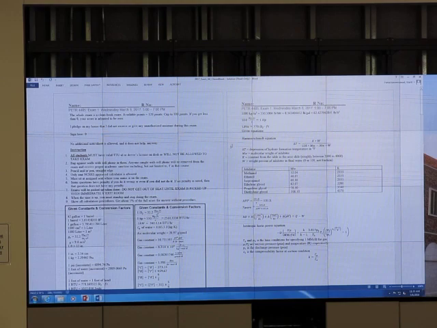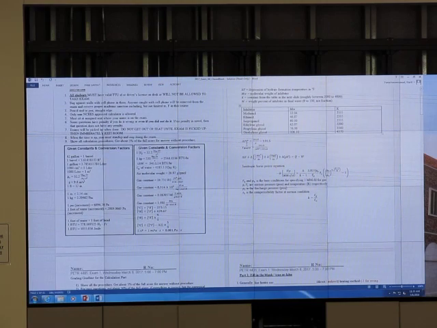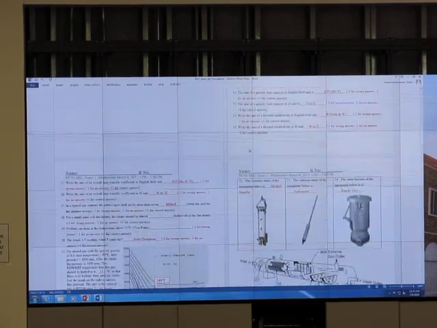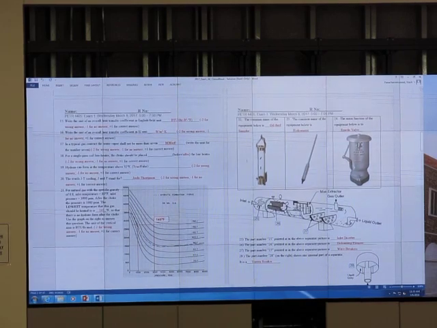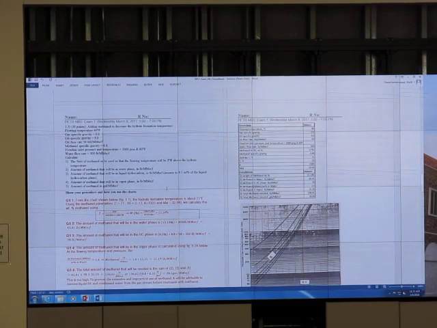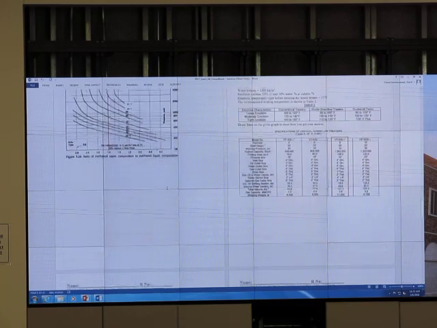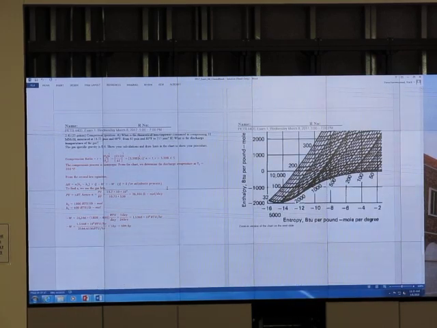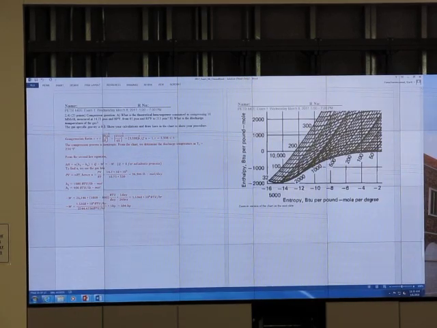Okay, last year exam. Calculation part. All the pictures, you know what it is, right? Those picture things. The compressor part. That's my compressor equation. Oh, look at this.